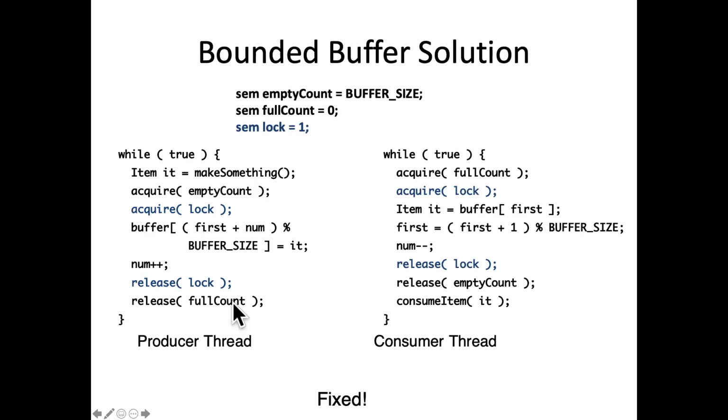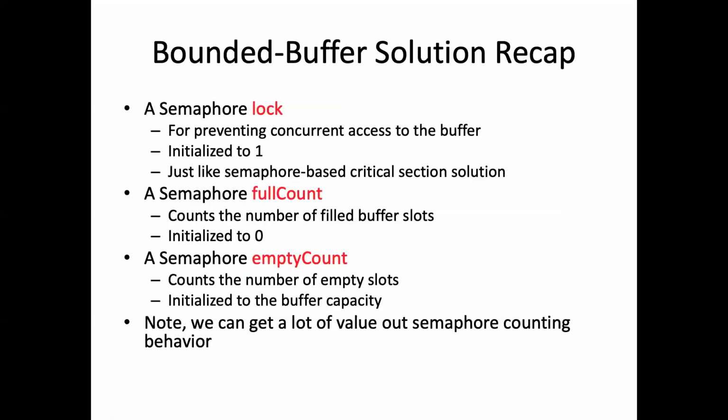So if we put 5 items in the buffer, the semaphore gets incremented 5 times. So that's 5 consumers that get to go past this acquire without blocking. The fact that semaphores maintain a count is often pretty handy when you're trying to use them for a solution. Their count remembers how many times release has been called on that semaphore.